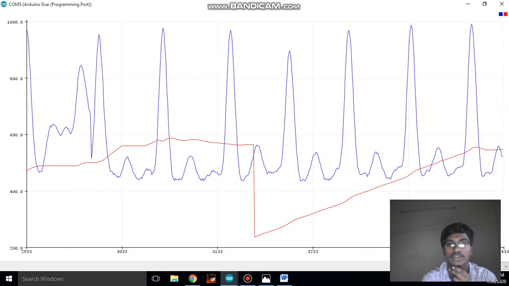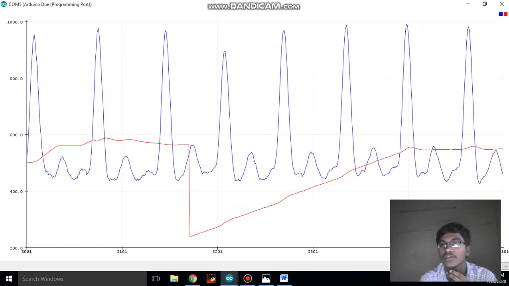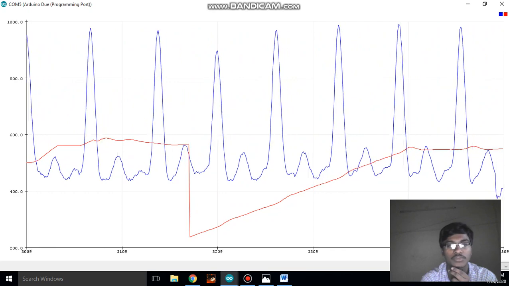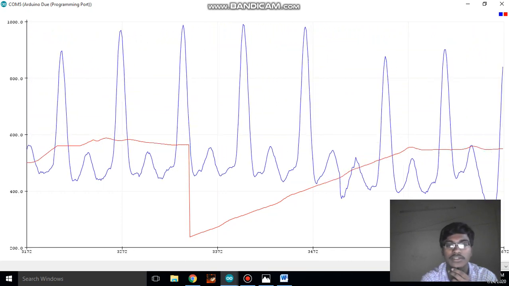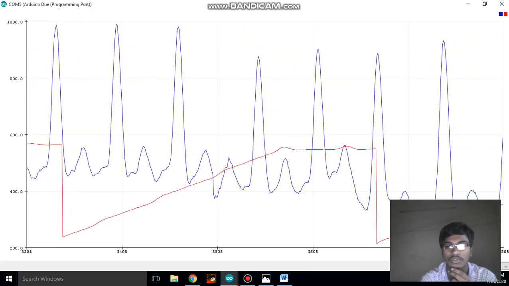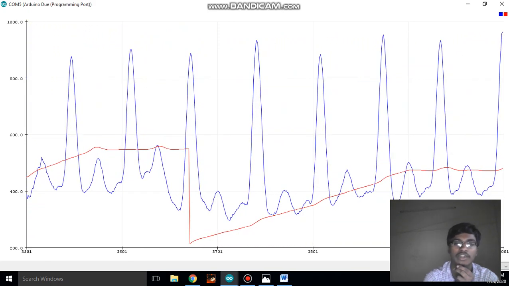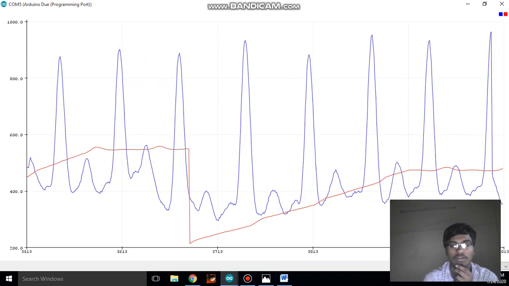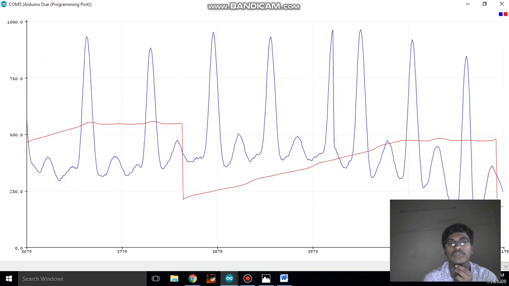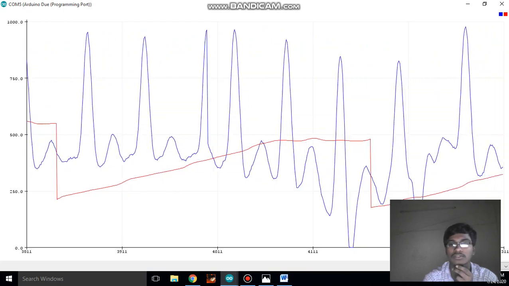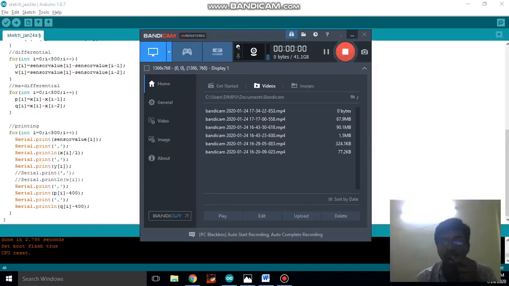The blue one is the input and the red one is the output. We can clearly see the output is much smoother than the input. The main difference between the first case and the third case is only the length of the filter. Compared to the first case, this was much smoother.